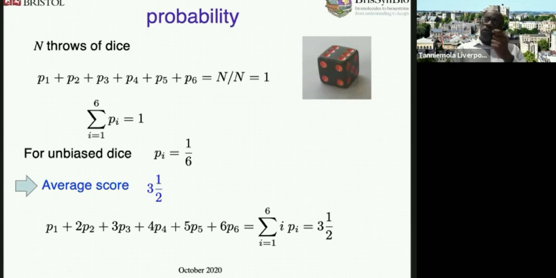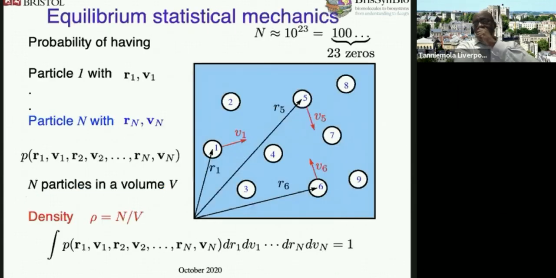So we're now going to use this idea of probabilities to look at our molecules moving in the gas, or liquid, or solid. So the key idea of statistical mechanics at equilibrium is, rather than following the essentially uncountable number of particles, n, of the order of 10 to the power 23, one with 23 zeros, we focus on their average behavior.